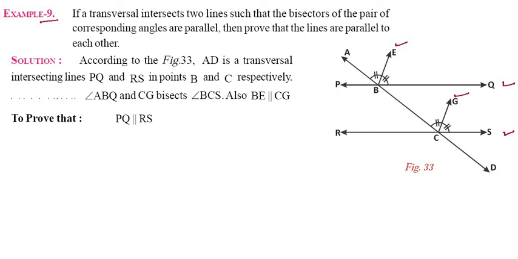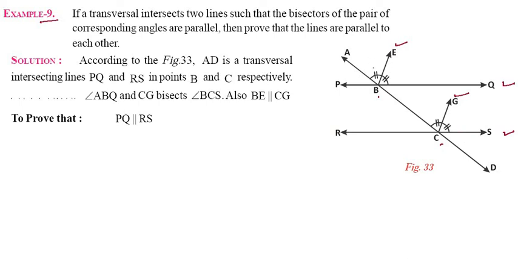So it is given as solution according to the figure. This is given in figure 33. AD is transversal. So you can see here AD is the transversal line and intersecting PQ and RS in the points B and C. It is the B point and it is your C point. Okay, respectively. Angle ABQ. Where is angle ABQ? It is ABQ and CG bisects angle BCS.